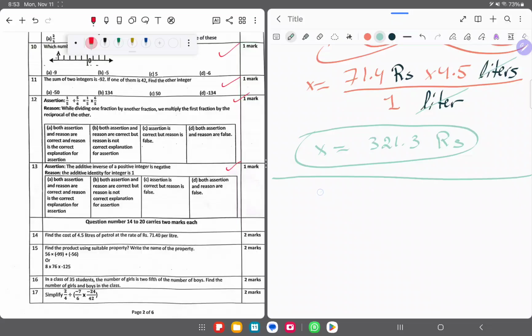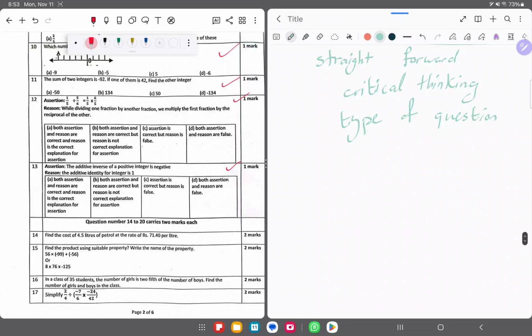Now, logically speaking, I didn't even have to do this one. Logically speaking, this is a very straightforward critical thinking type of question. So critical thinking is something that we need to focus on.